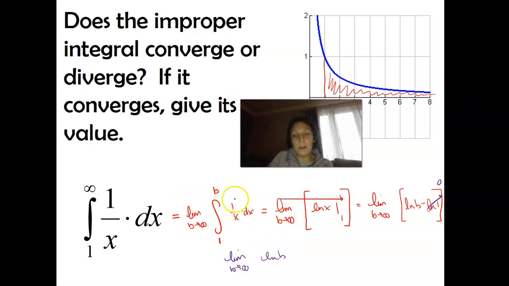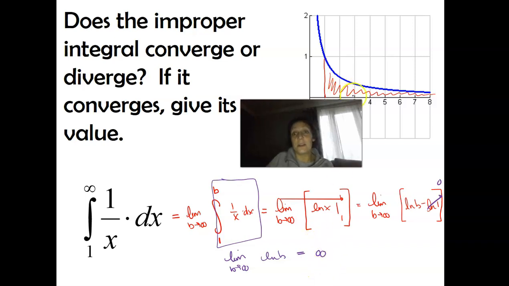When I evaluate this integral right here, I get that the area under this curve between 1 and b is going to be equal to the ln of b. So all I have to do if I want to evaluate the integral from 1 to infinity then is make b approach infinity. Well, as b approaches infinity, the ln of b also approaches infinity.